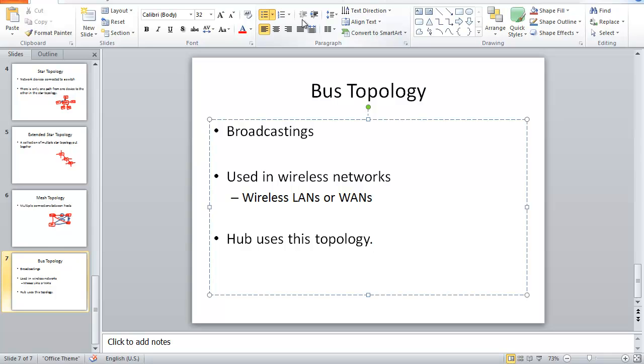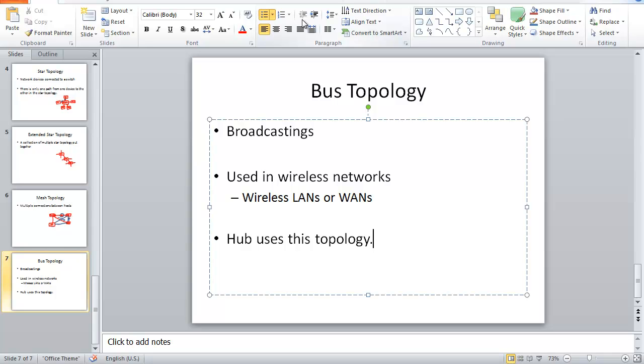Switches kind of replaced the hubs. So we no longer use hubs, but still in the wireless LAN or WANs, this bus topology is being used today. So there is this little danger in wireless networks. Your traffic might be picked up by somebody else.